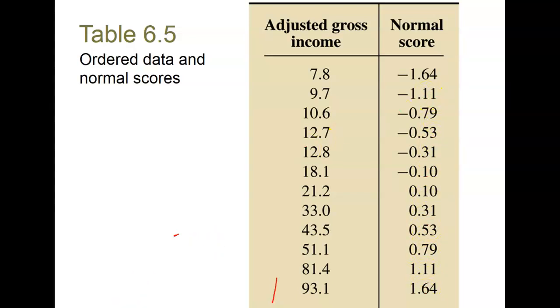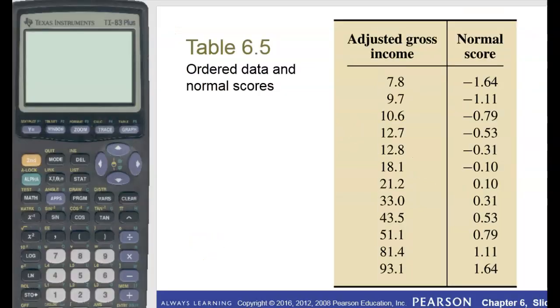And I'm going to do this on my calculator, and I'd like for you to do this on your calculator as well. We're going to do a normal probability plot on our calculator instead of by hand. We start by going to stat and edit.